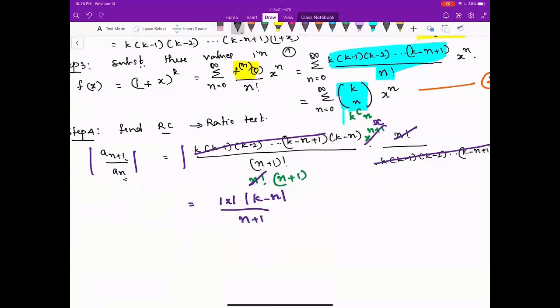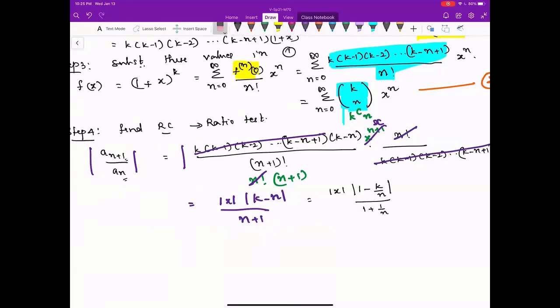If we take the limit as n approaches infinity, before we do so, we just rewrite this as (1 minus k over n) divided by (1 plus 1 over n).